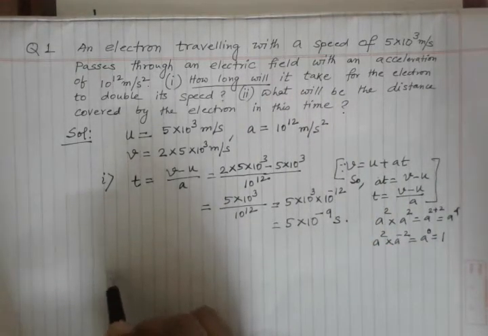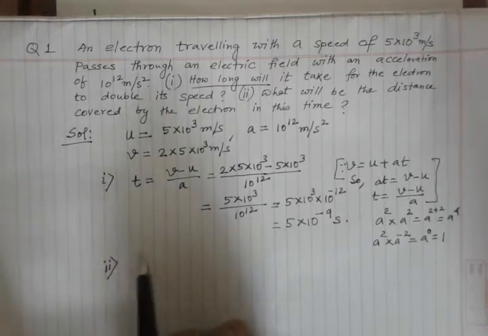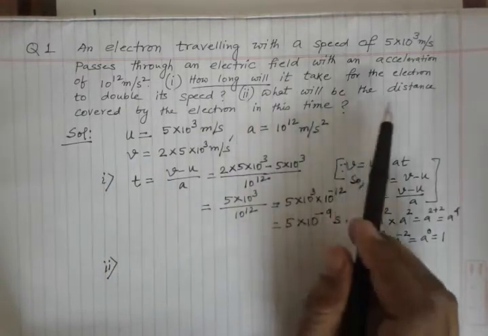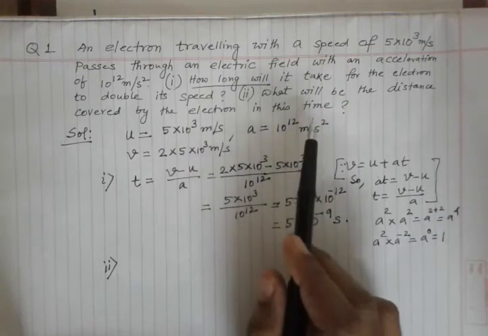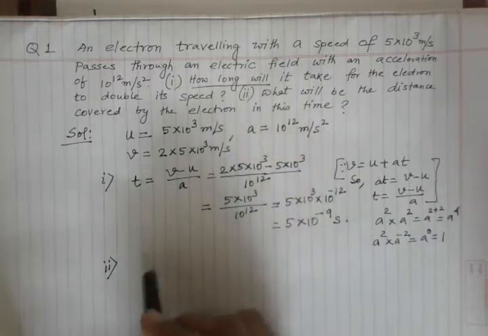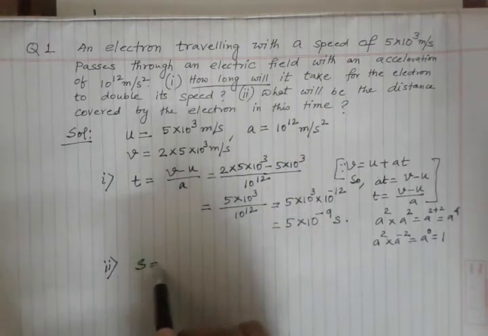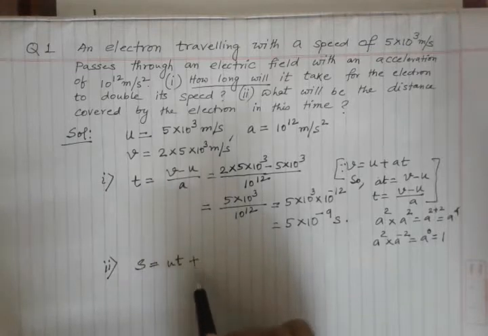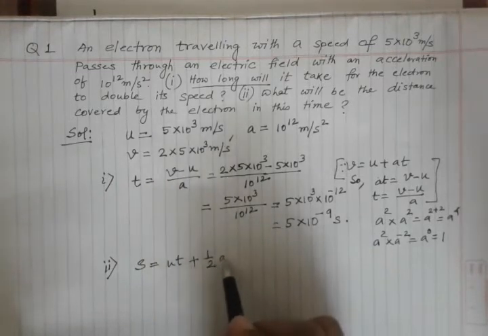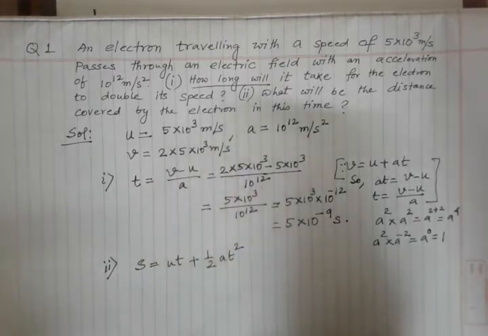So next one is 2. What will be the distance covered by the electron in this time? For distance you have to use the formula s is equal to ut plus half a t square. Time we have already calculated here, 5 into 10 to the power minus 9.